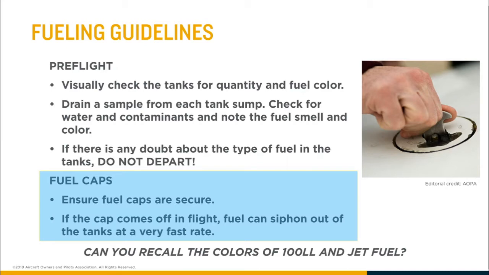And again, your guideline is to ensure the caps are secure. You're going to check that, because if a cap comes off, fuel can siphon out. That just means it can leak out at a very fast rate, and you do not want to be flying without any fuel.